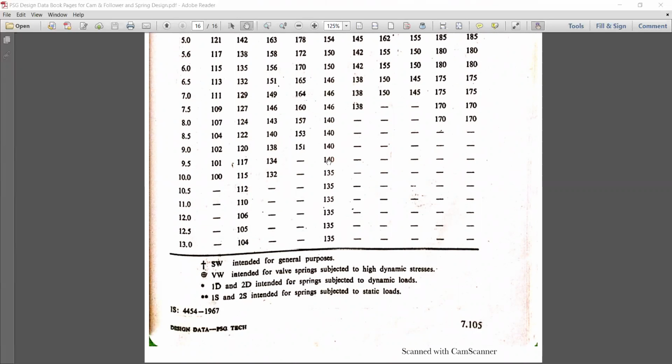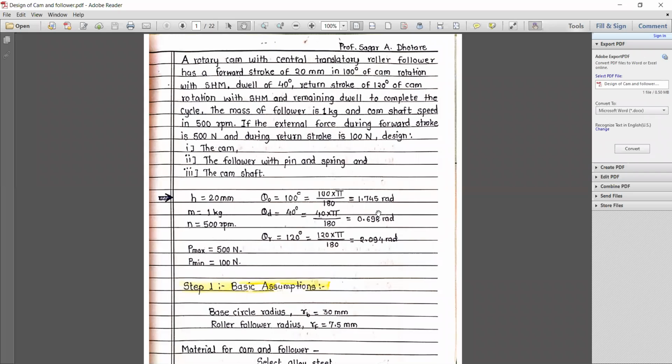Let's start the design with a simple example. A rotary cam with a central translatory roller follower has a forward stroke of 20 mm in 100 degrees of cam rotation with simple harmonic motion, with a dwell of 40 degrees, a return stroke of 120 degrees of cam rotation with SHM, and the remaining dwell to complete the cycle.